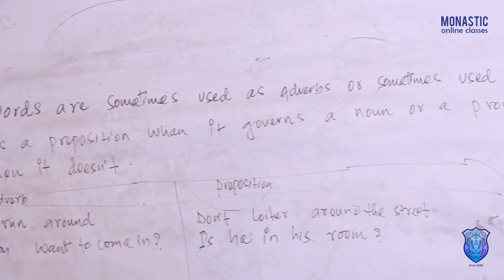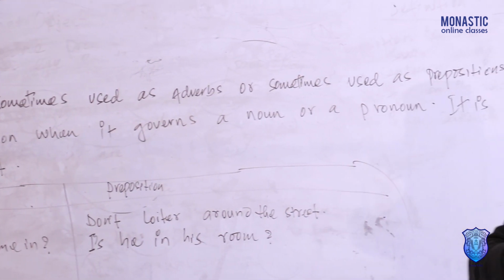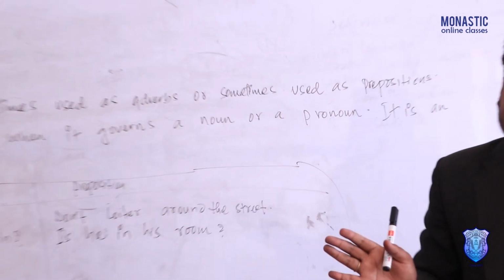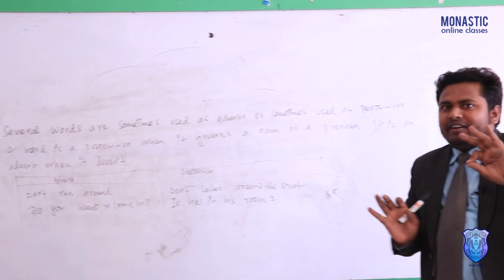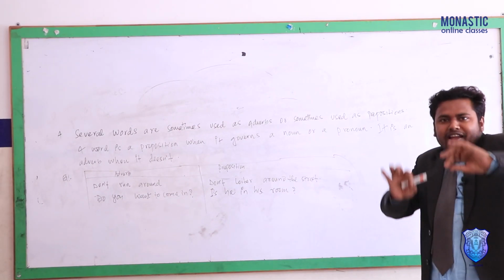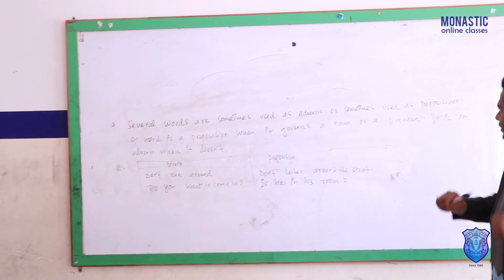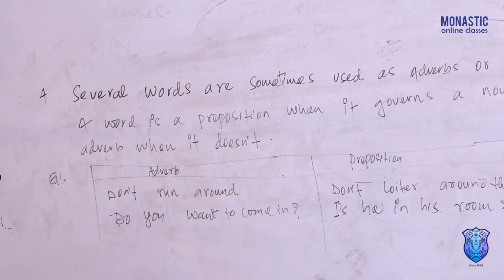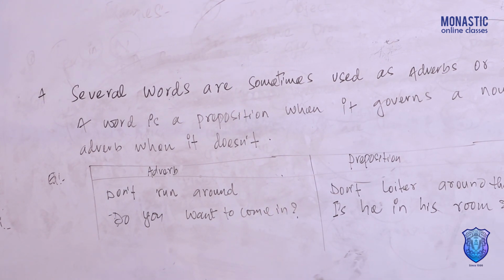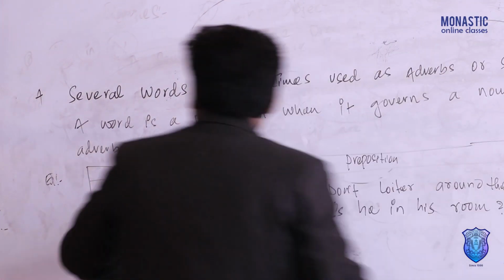A word is a preposition when it governs a noun or a pronoun, but it is an adverb when it does not. What do you mean? We can see the example.